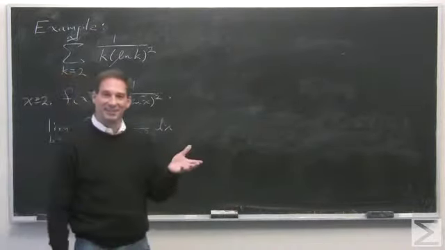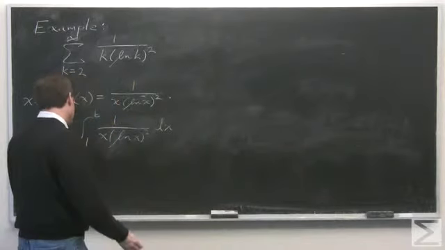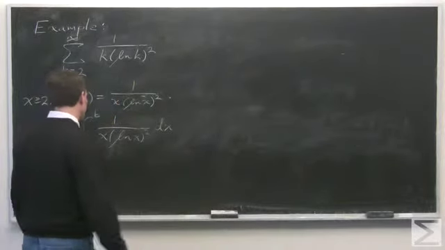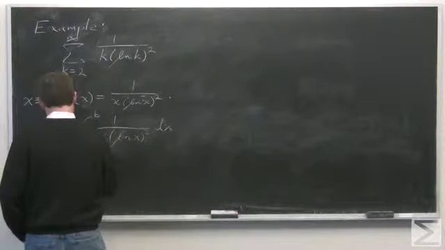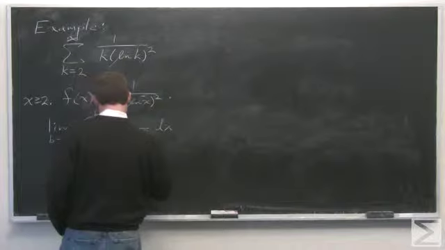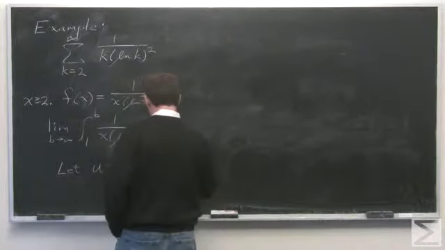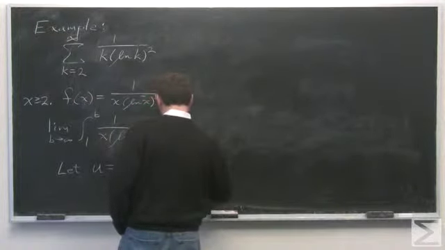Well, now you have a harder integral, but can you do it? Yeah, you make the substitution. If you haven't forgotten substitutions, you let u be ln of x. Hopefully that would occur to you fairly quickly. So that du is 1 over x dx.